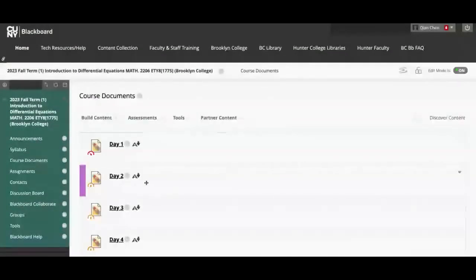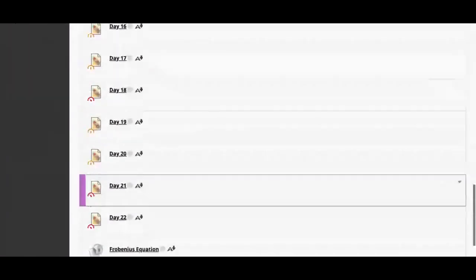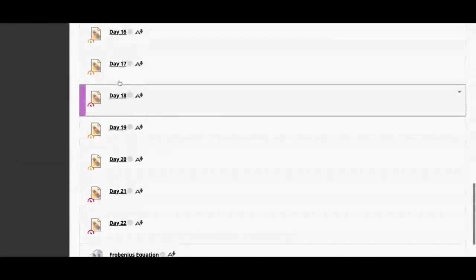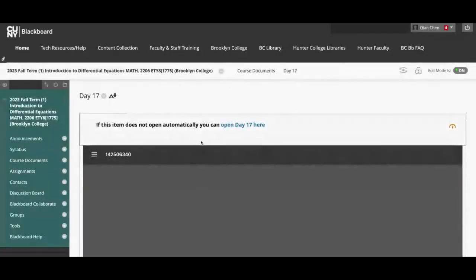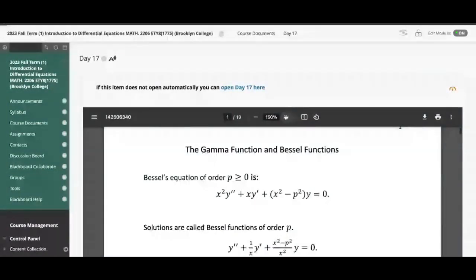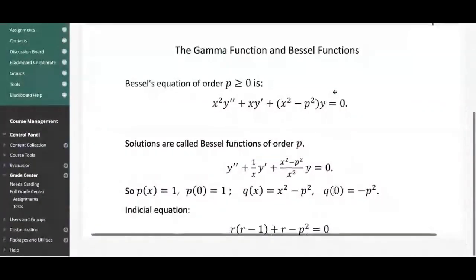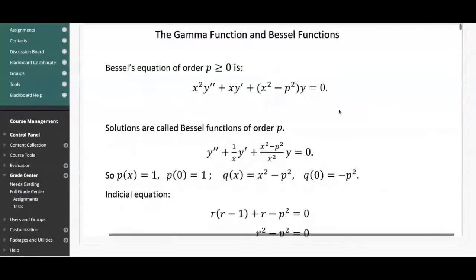So I want to go back a little bit, because the last couple of lectures are very intense. So let's see, lecture 17. Let's go over it a little bit. They're all very important in mathematics: Gamma function, Bessel functions.